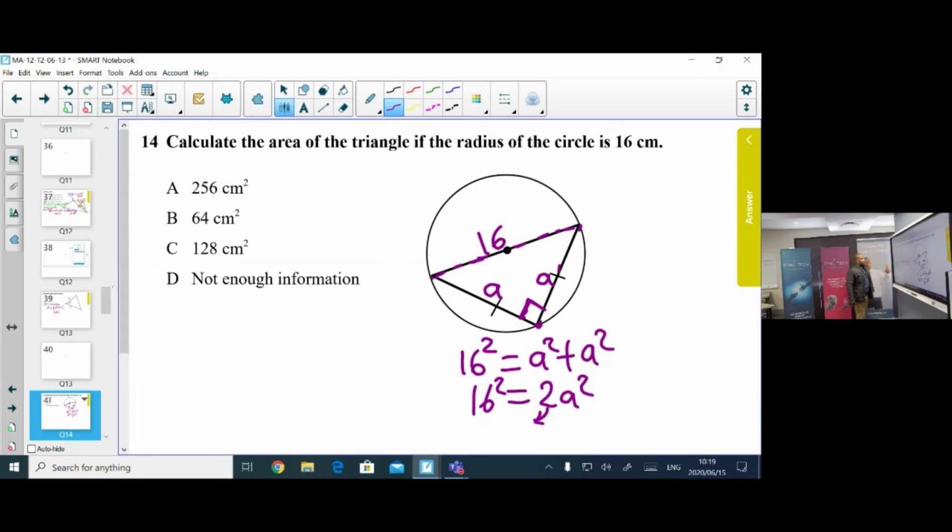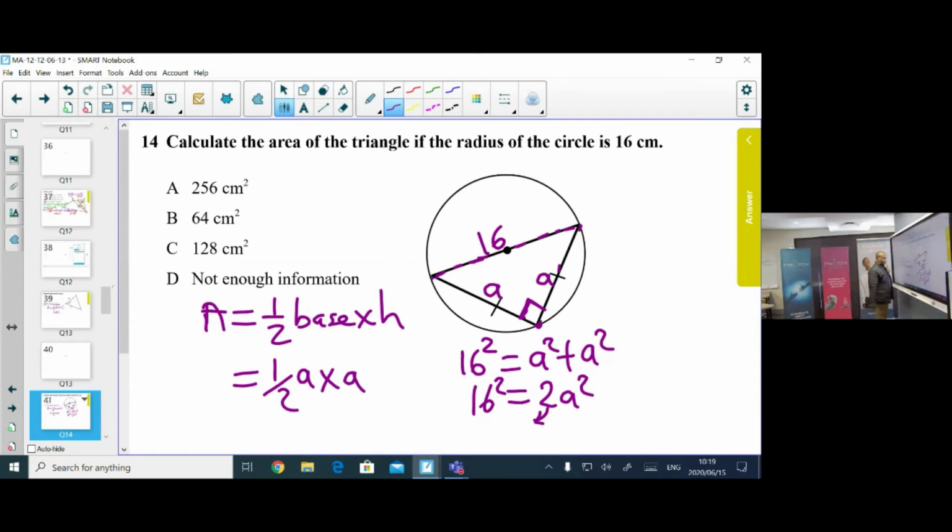And when you get your A, you then come back to use it on the area of a triangle. This is a right angle triangle, so you just say half base times height. So it will be half, your base would be that A, and your height will be that A as well.